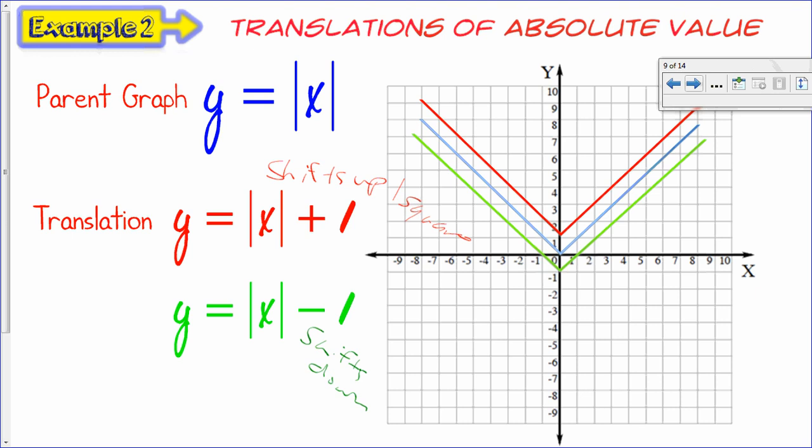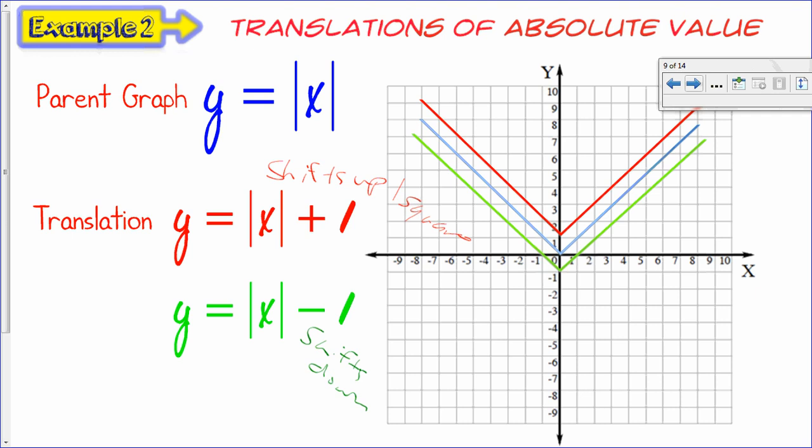Now understand, I could have a shift up and also a shift to the right. I could also have a flip down, a shift up, and then a shift left or right. Okay? All 3 of those things come into play.